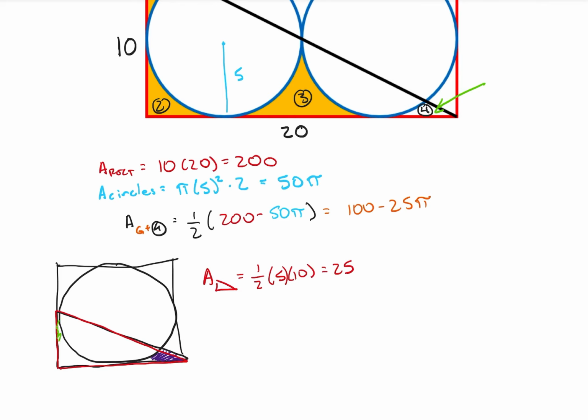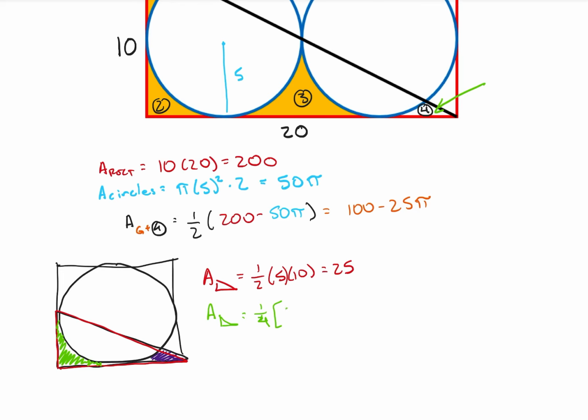I need to know what the area of this region over here is. The green region I can get fairly easily, because by symmetry that's going to be 1/4 of the area outside of the circle but within the square. So what's that going to be?